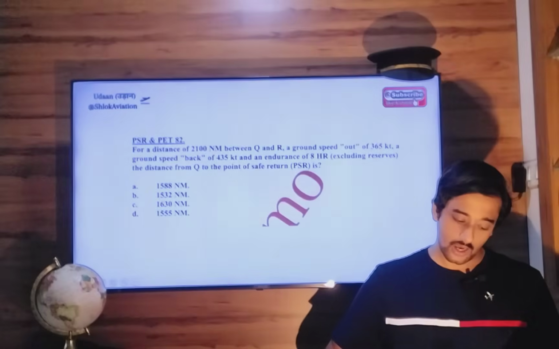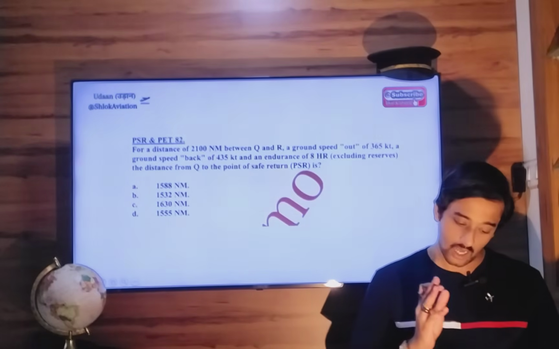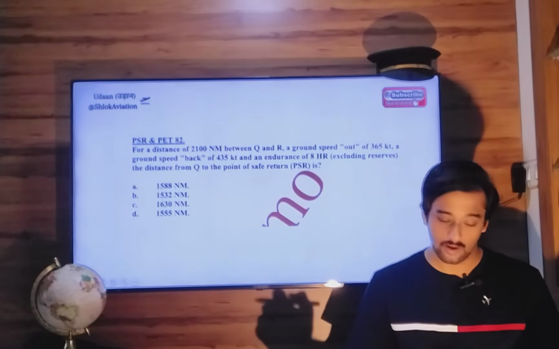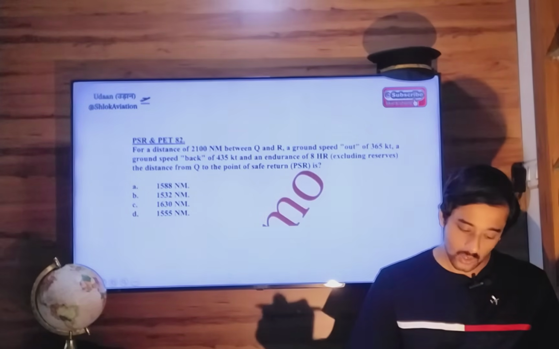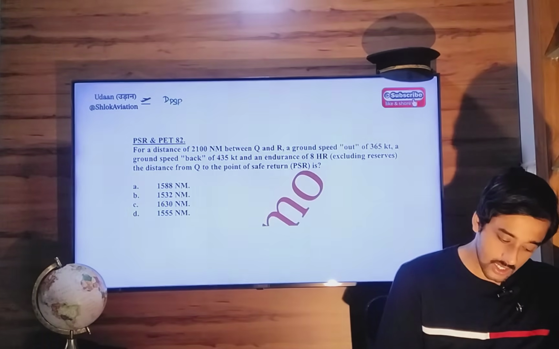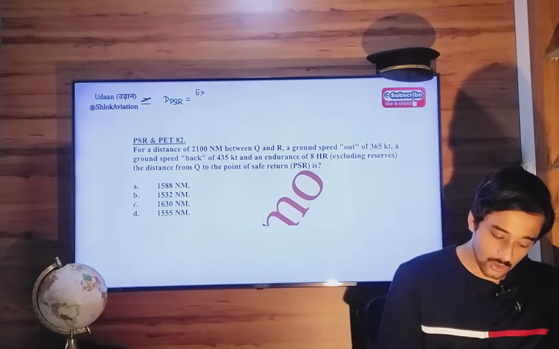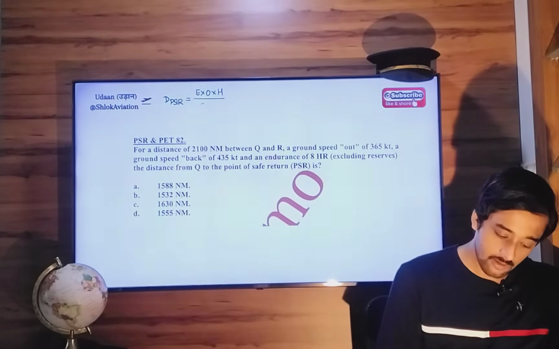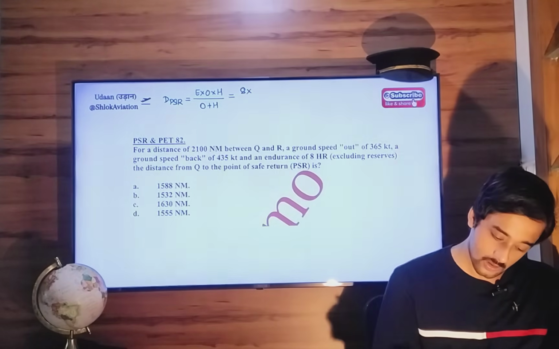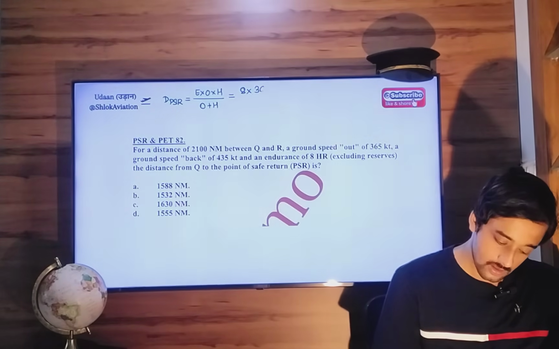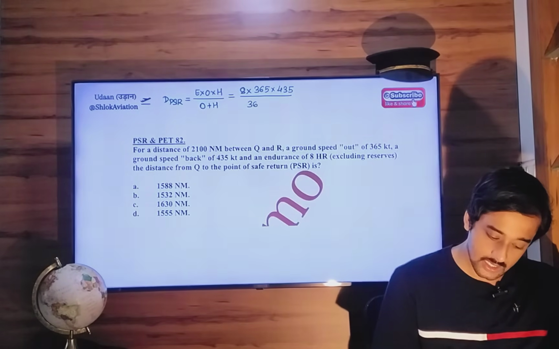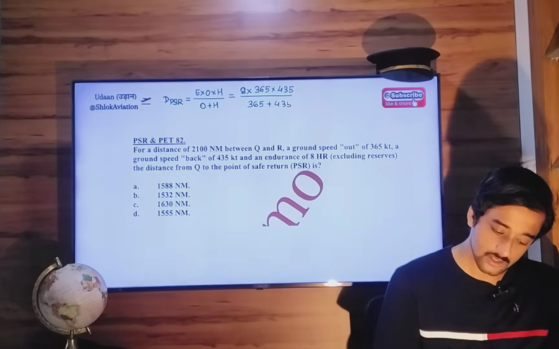Next, 82. For a distance of 2100 miles between Q and R, outbound ground speed 365, homebound ground speed 435, endurance 8 hours. What is the distance to the point of safe return? So distance to the point of safe return is endurance into outbound into homebound divided by outbound plus homebound. Endurance 8 into 365 into 435 divided by 365 plus 435.